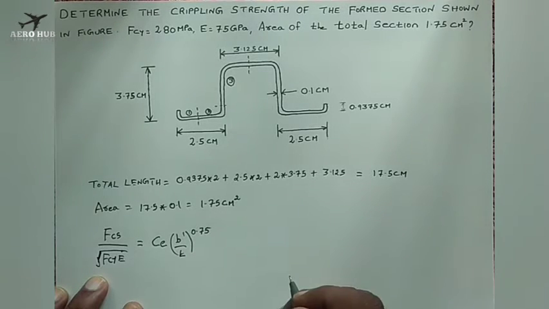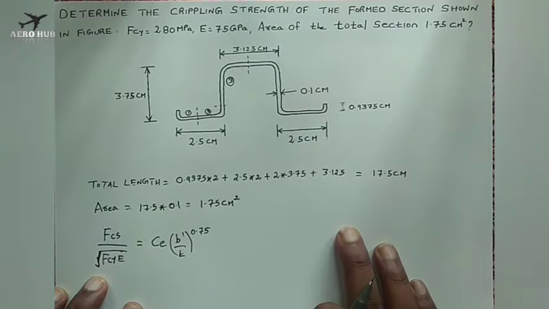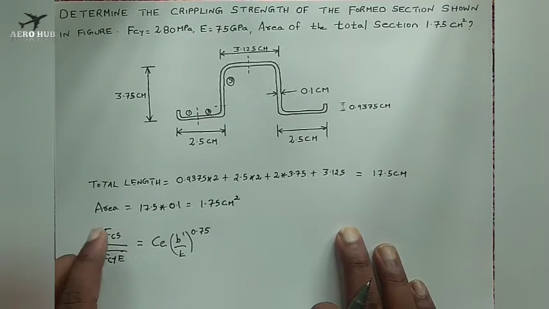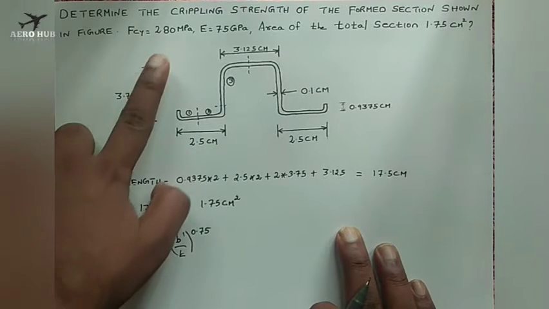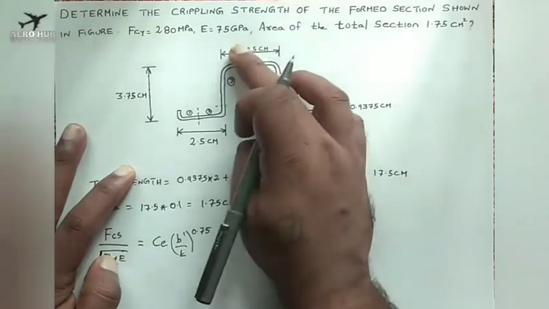This is the formula to find the crippling stress for the entire section using Needham's method. FCS is basically the crippling stress. FCY is given, that is 280 megapascal. E is the Young's modulus, given as 75 gigapascal.